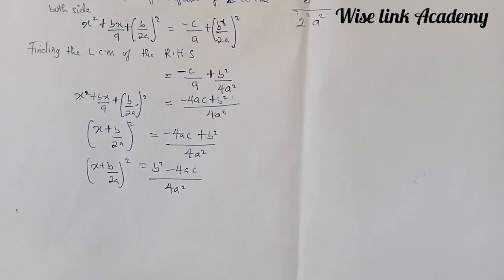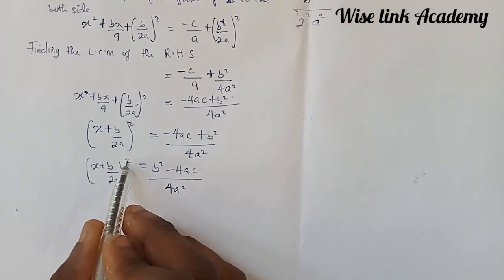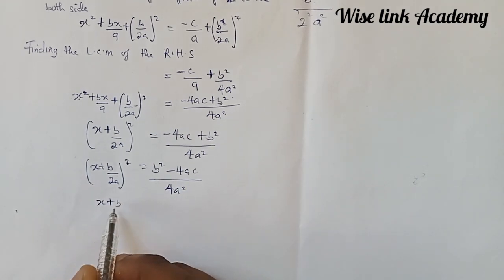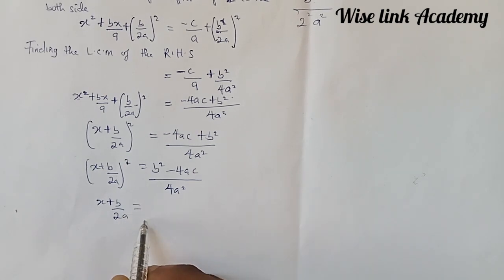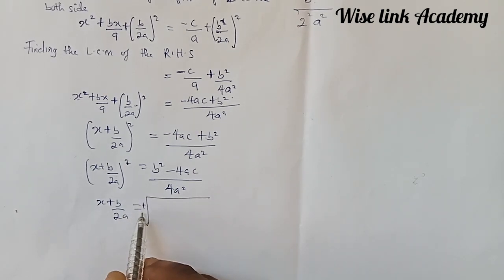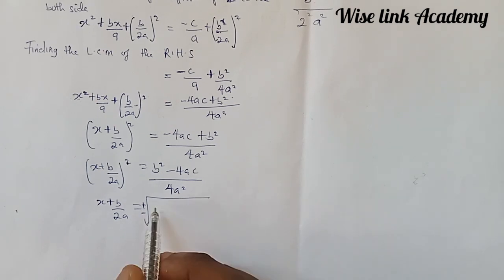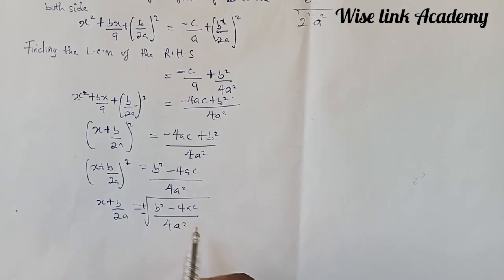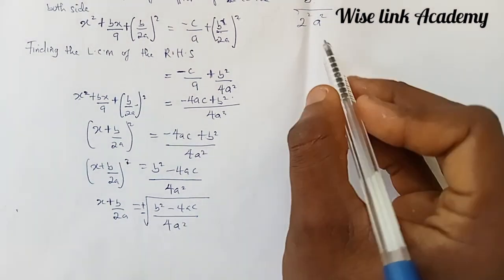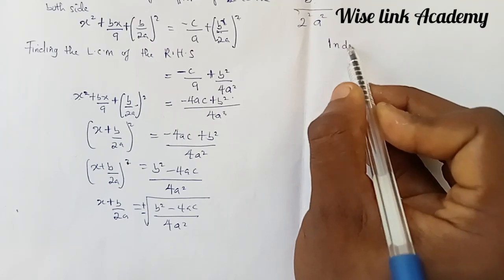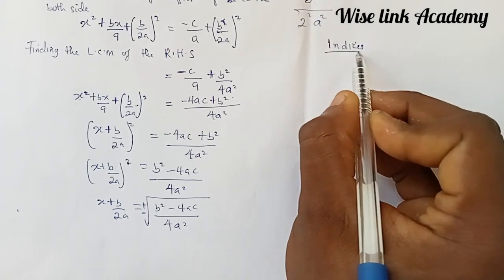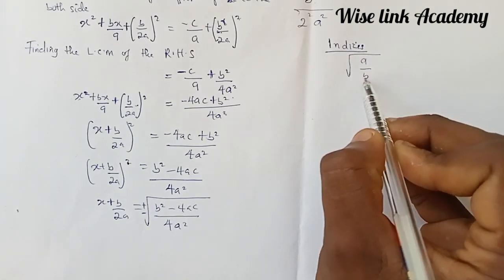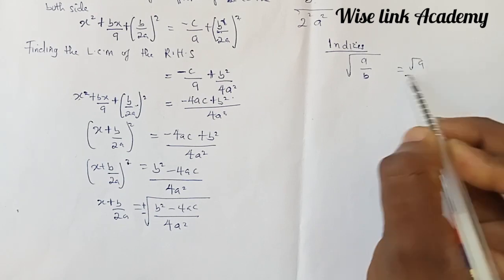The next thing to do is, when the square comes to the other side, it becomes a square root. That becomes x plus b over 2a equals plus or minus the square root of b squared minus 4ac over 4a squared. You must add plus or minus to it. If you recall, in indices, whenever you have a big root with a over b inside, it simply means root a over root b.